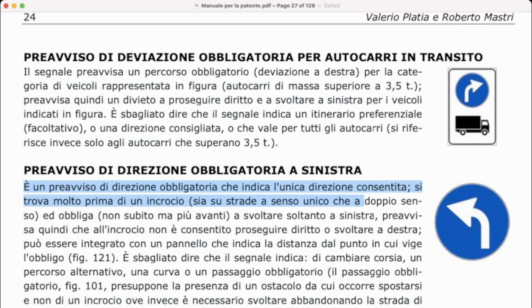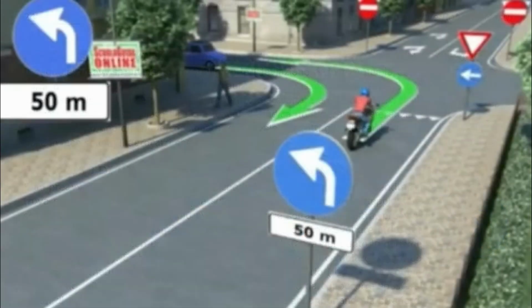Okay, so non subito, so the same tema, più avanti a svoltare soltanto a sinistra. Okay, so like the other one, ahead of us we need to go to the left. Okay, so if you look at this guy right here, at 50 meters ahead of him he was supposed to go to the left, and if you look at the green arrow, when he got to the intersection, he decided to go to the left.